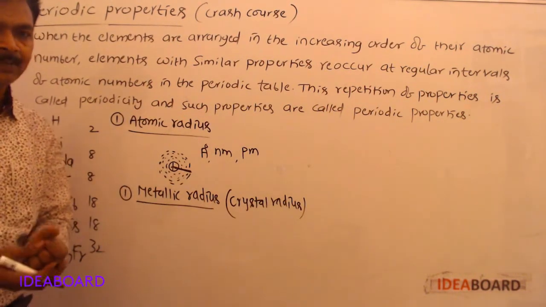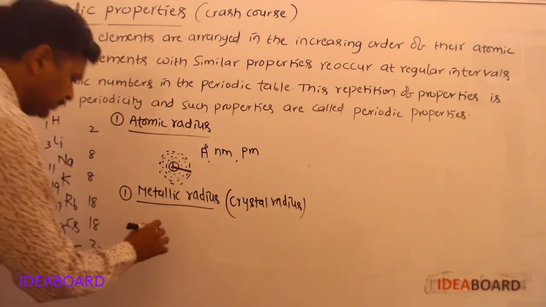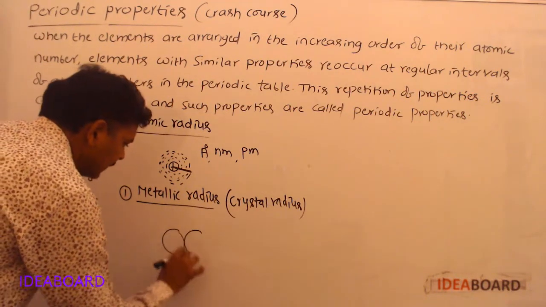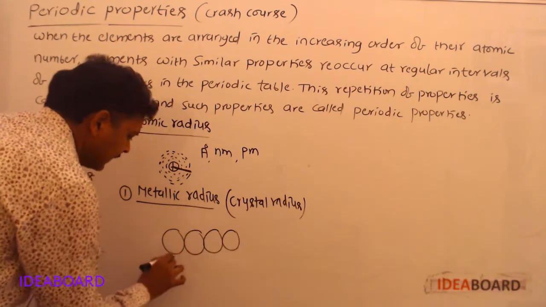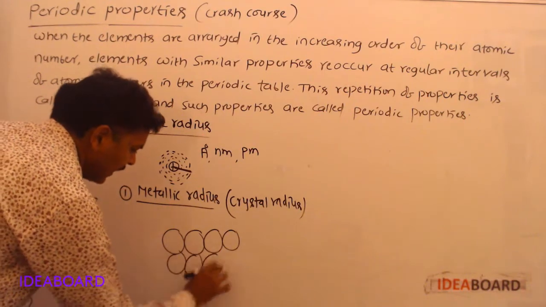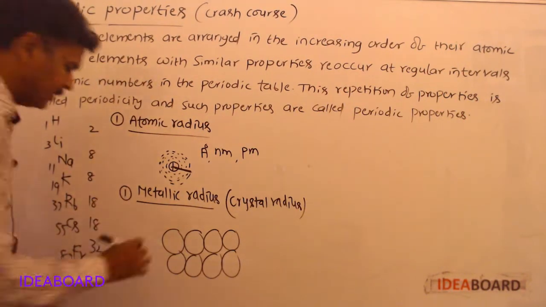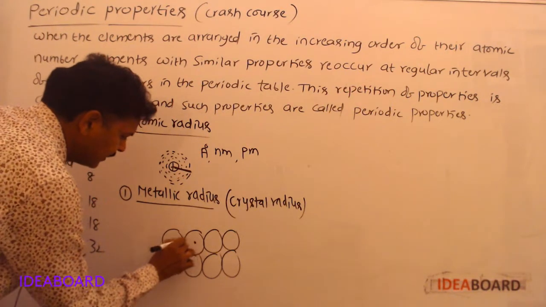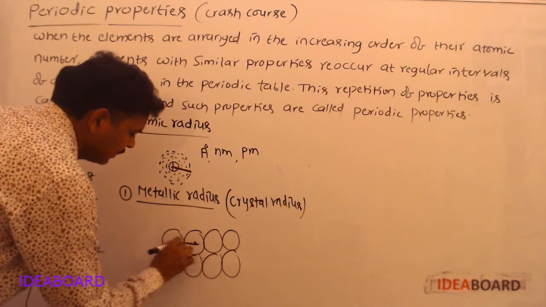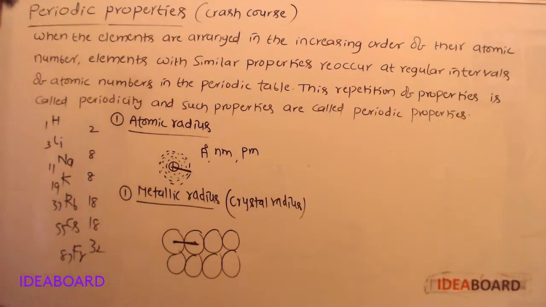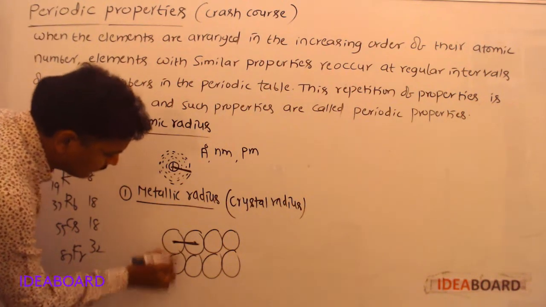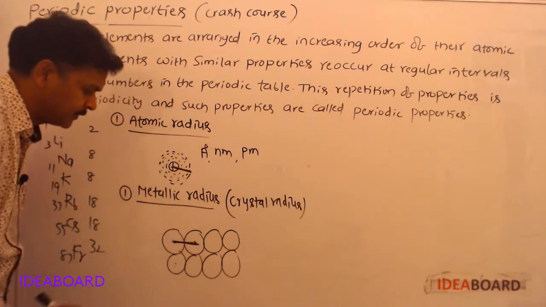Metallic radius means, if you take one metallic crystal, it contains so many atoms. This distance is nothing but internuclear distance between two adjacent atoms, or we can take this distance also. This is also internuclear distance.